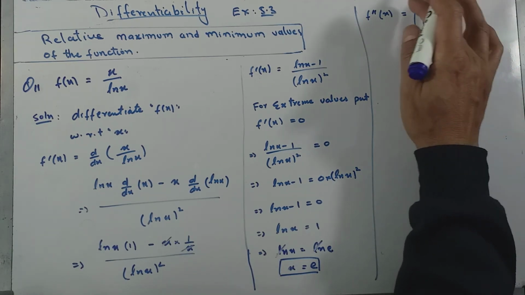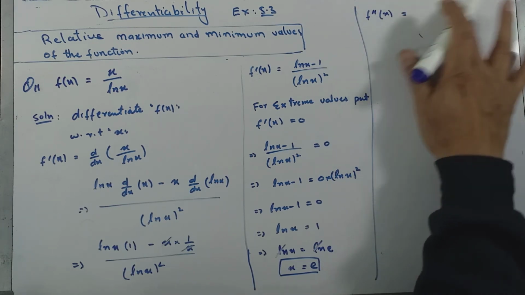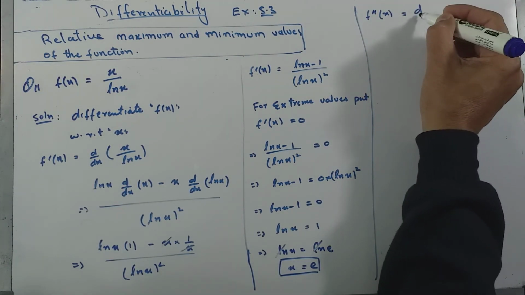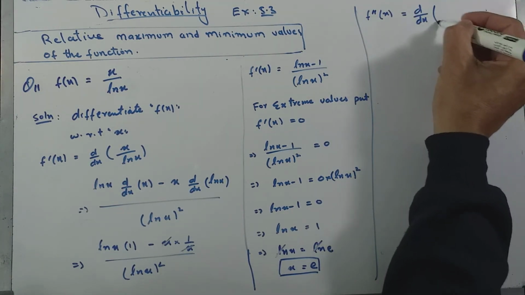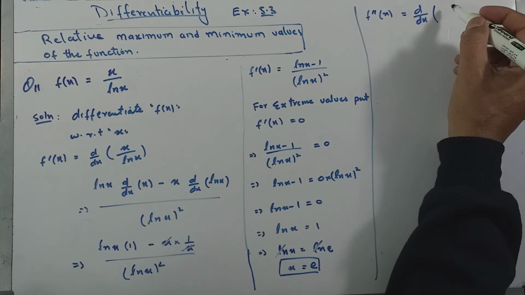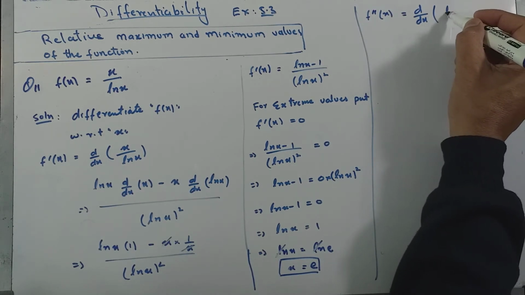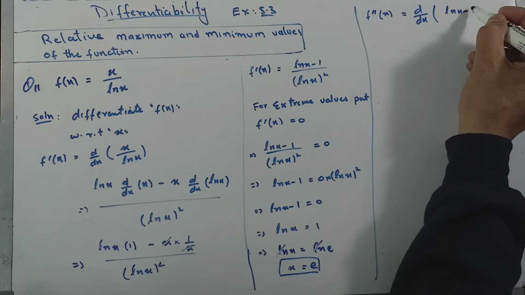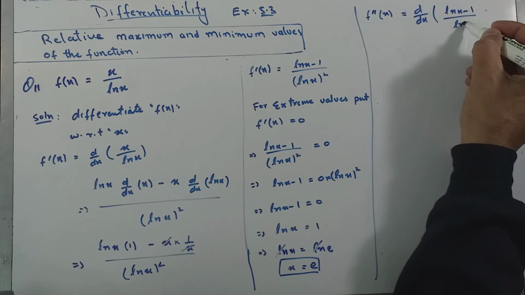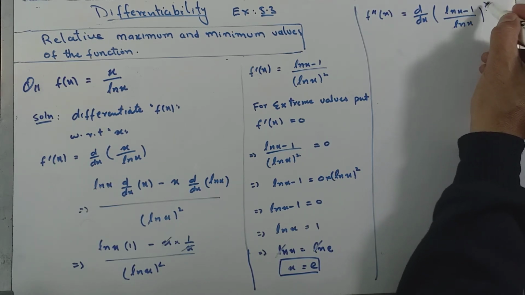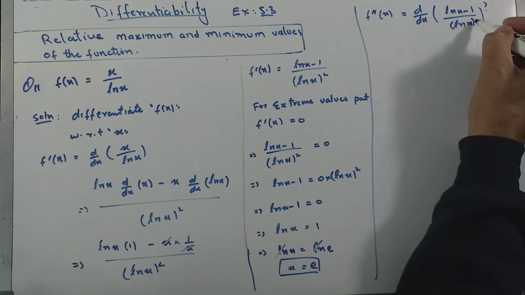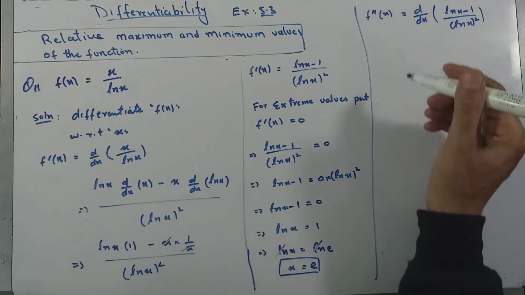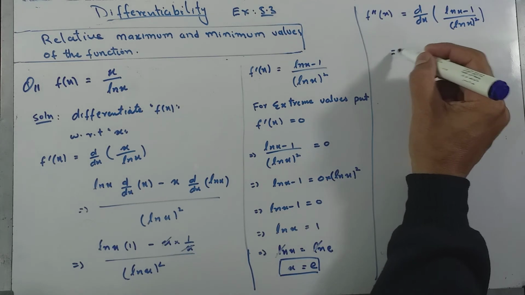Second derivative: find the derivative of the first derivative, which is (ln x minus 1) upon (ln x) whole square. Now again we will apply the quotient rule.